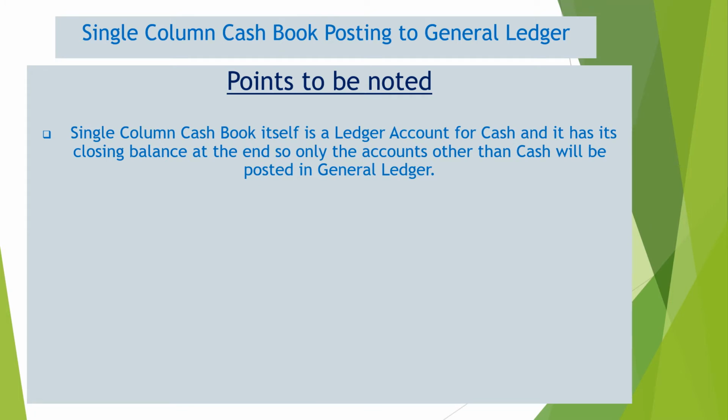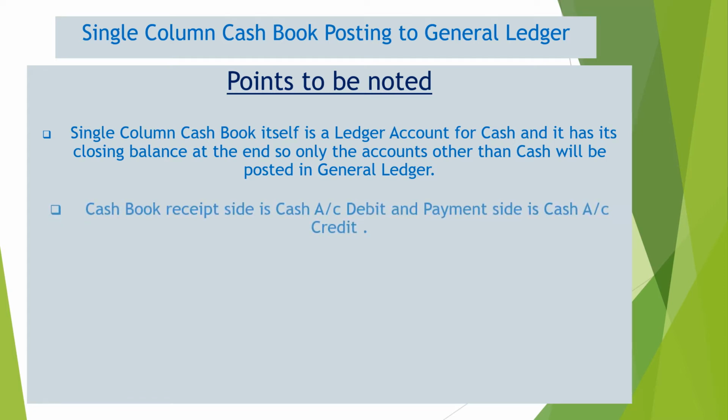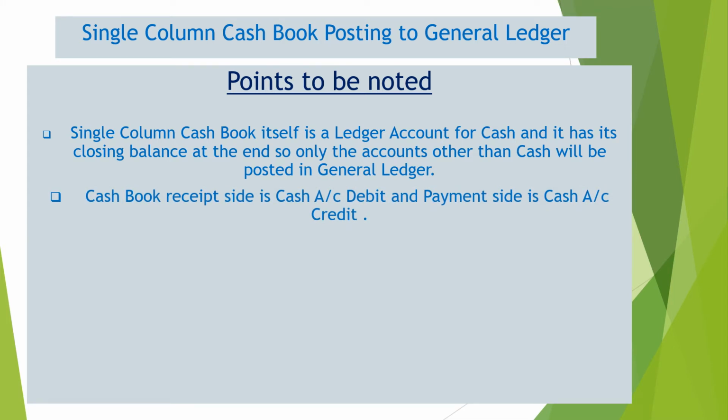Here, the points to be noted. Single column cash book itself is a ledger account for cash, and it has its closing balance at the end, so only the accounts other than cash will be posted in Journal Ledger. Cash book receipt side is cash account debit and payment side is cash account credit.